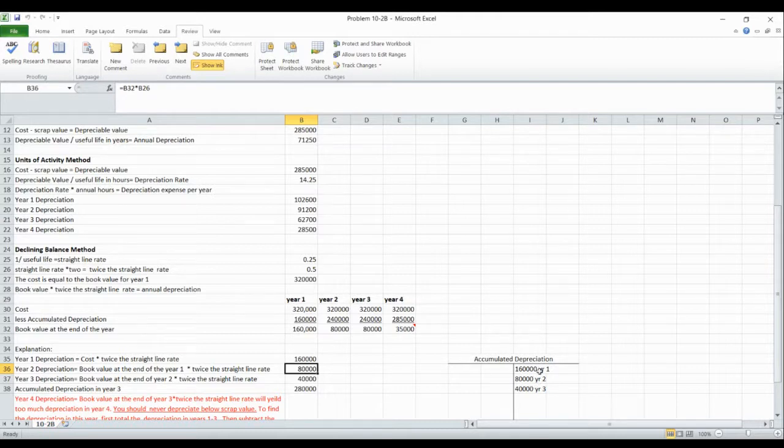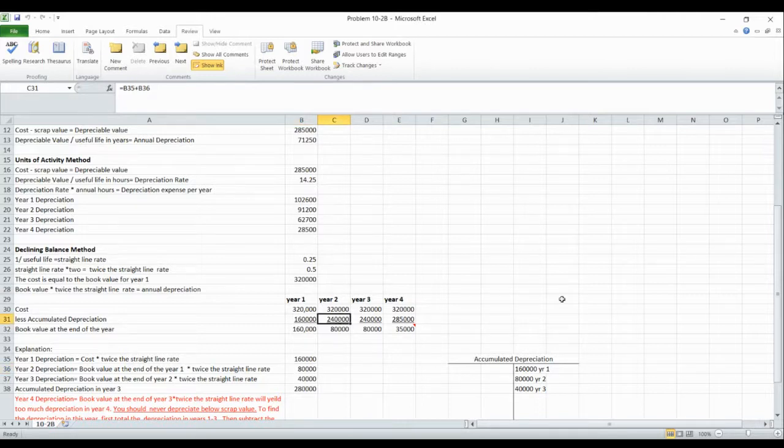Now, something that I didn't put on here, but I think you know how to do, is that you will keep up with your accumulated depreciation on a year-to-year basis. In year one, the depreciation expense was equal to 160,000. That's your accumulated depreciation in year one. But in year two, when we add the depreciation expense of 80,000 to that, it gives us new accumulated depreciation in year two of 240,000.